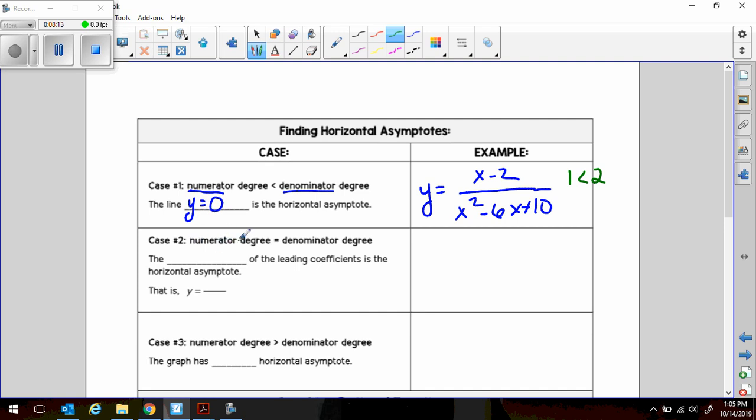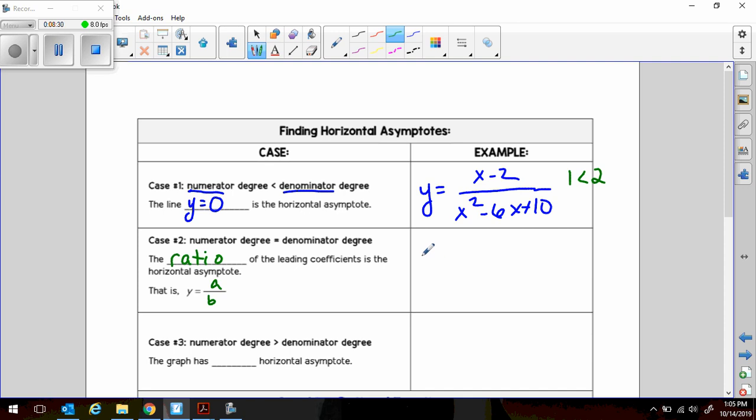If the degree of the numerator is equal to the degree of the denominator, then we use the ratio of the leading coefficients, a over b. This is the time that we do look at those coefficients.